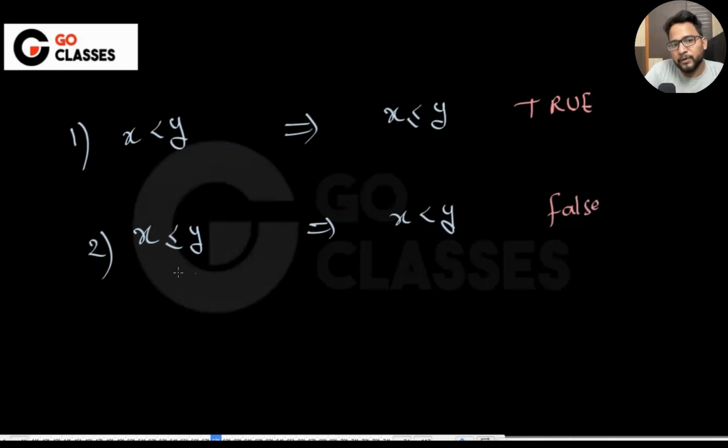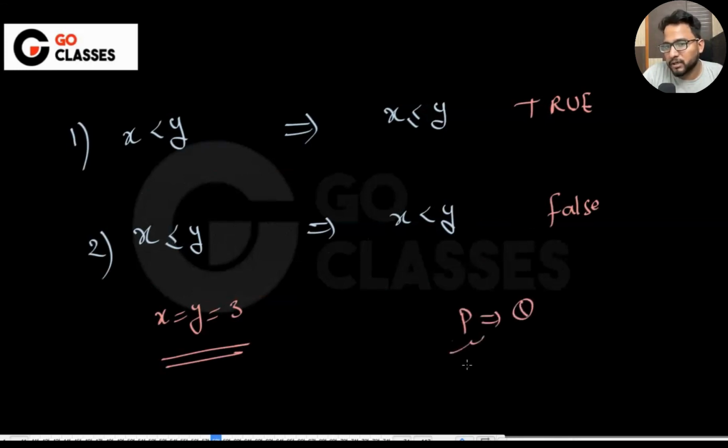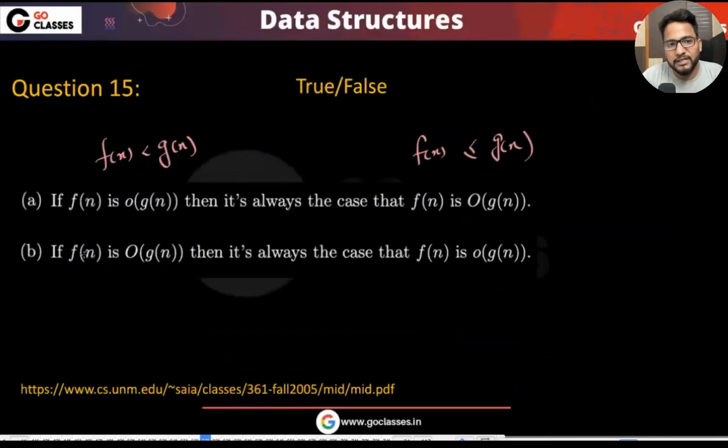Can you give me an example where the second is false? Let's suppose x equal to y equal to anything, 3. 3 less than or equal to 3: yes, this is true, but this is false. So the whole proposition is false. In the case of P implies Q, it is false in only one case, when P is true and Q is false. I hope this is okay to everyone. So here they are saying that if fn is less than gn, then fn is less than or equal to gn.